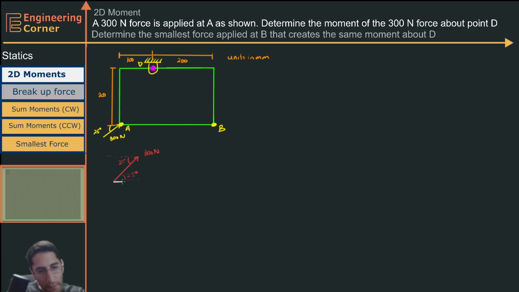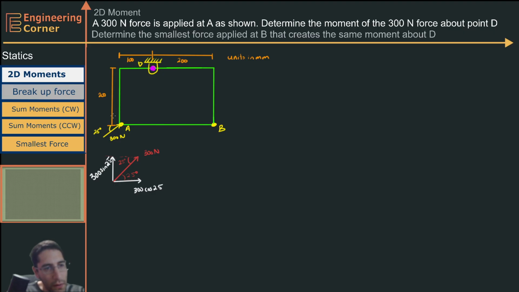Okay, so I can break this up rather easily. This is going to be equal to 300 times the cosine of 25. If we go up, this is going to be 300 times the sine of 25.